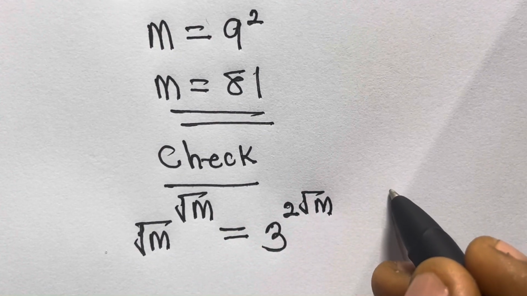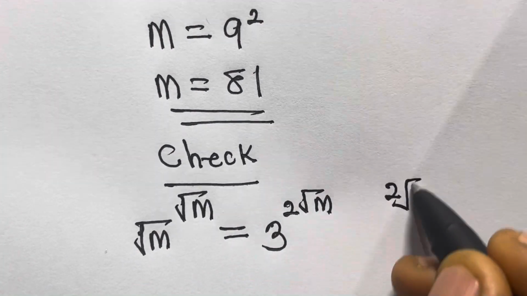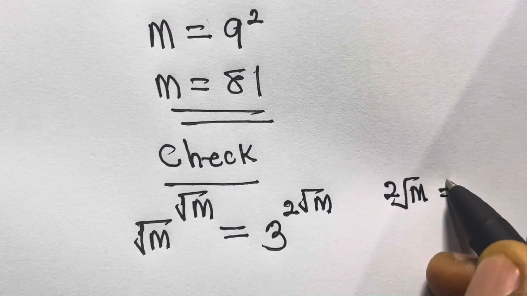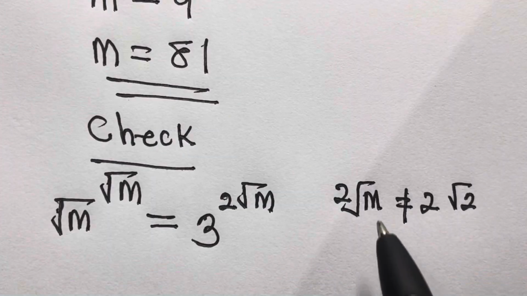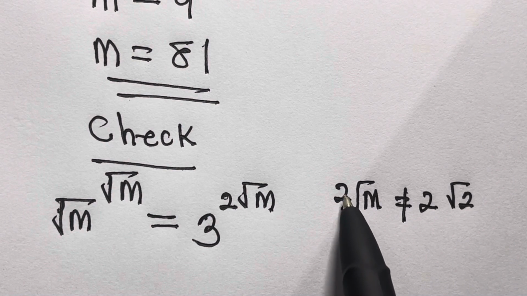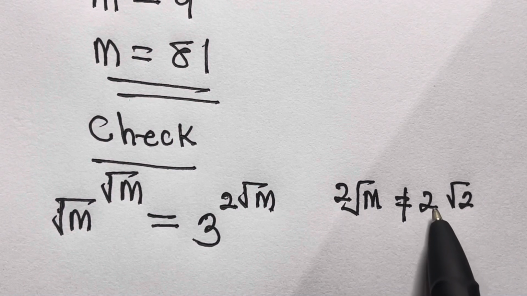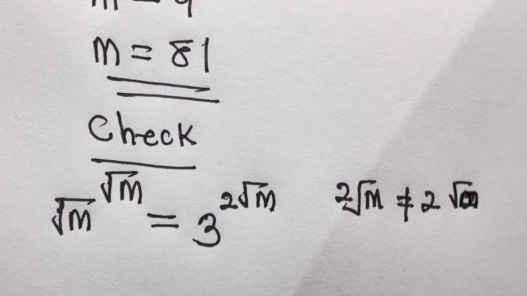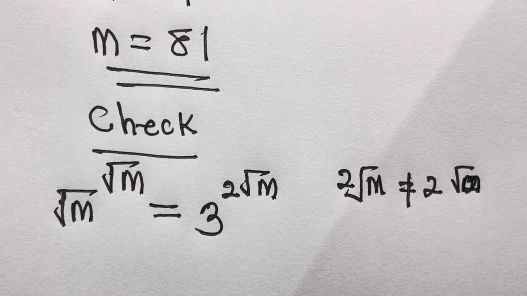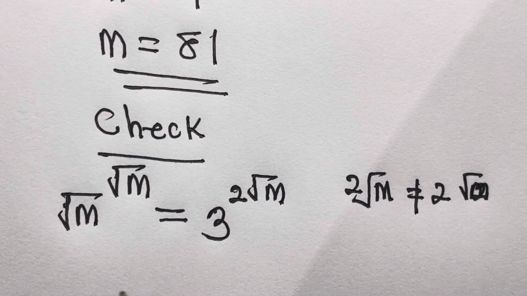This 2 root m is not necessarily written with a separate 2, and this is 2 root m. Let's continue with our checking.